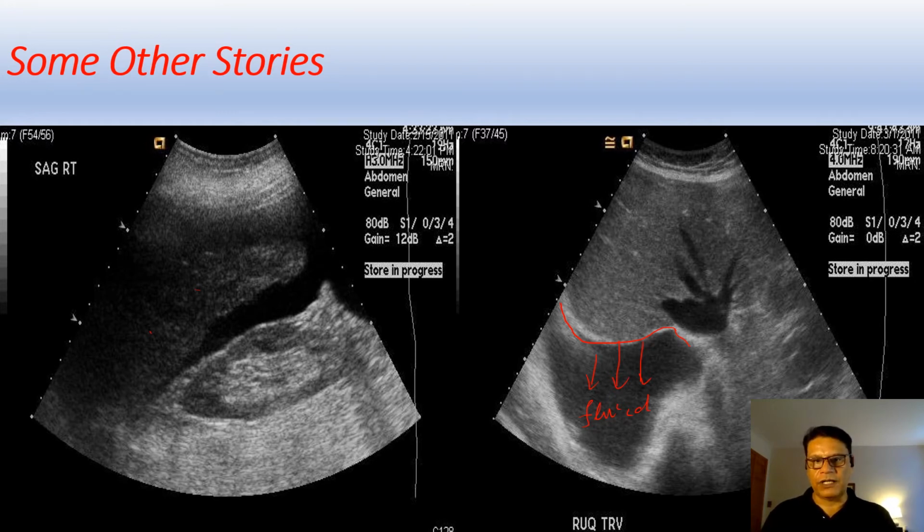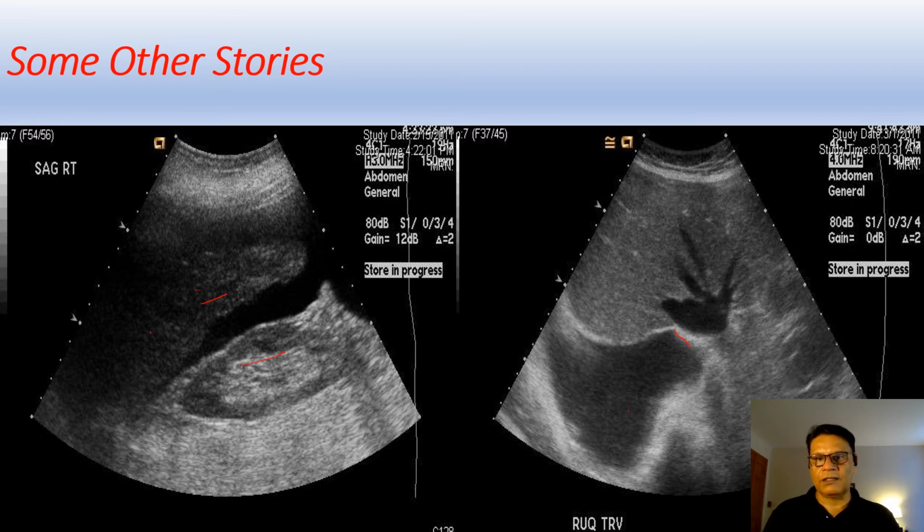So this fluid is in the pleural space, and this is called pleural effusion. While in this case, this is the peritoneal cavity, because we are seeing liver and kidney. The kidney is present in the retroperitoneal cavity. So this fluid is in the abdomen, and that fluid is in the pleural cavity around the lungs.